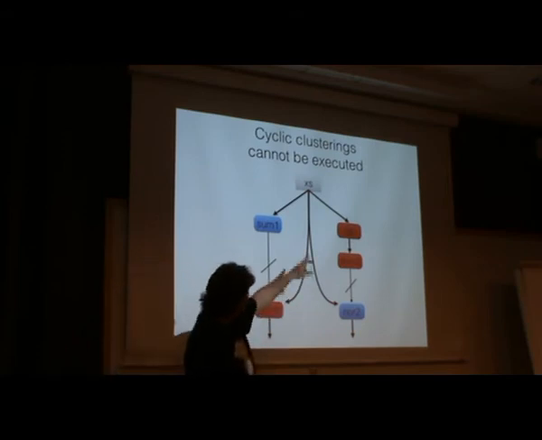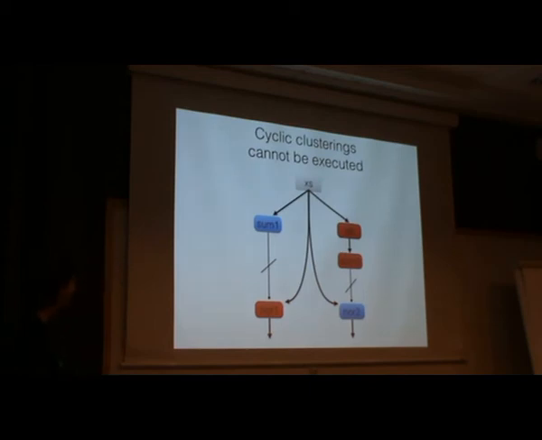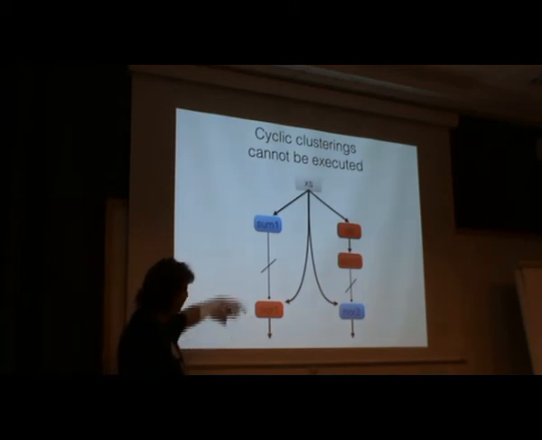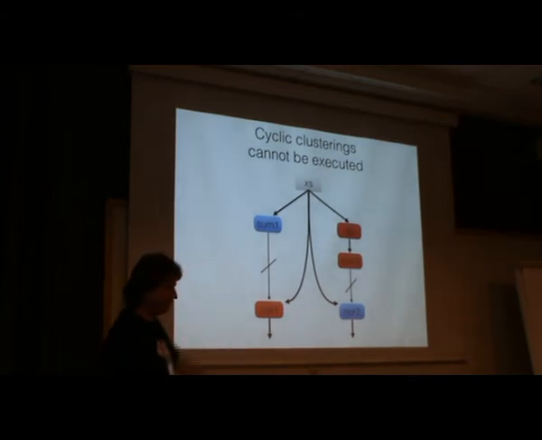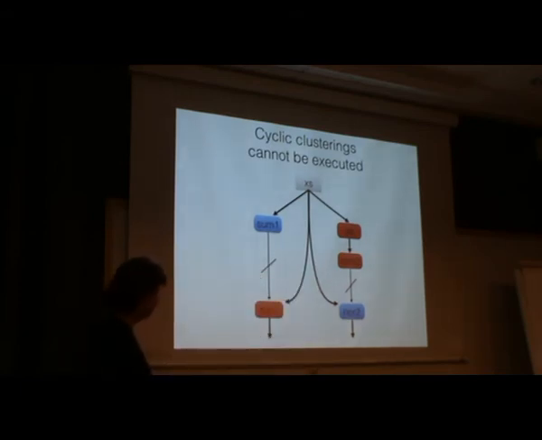With the red cluster, nor1, y's, and sum2, you could write a single loop to do that as well. But the red cluster relies on the blue cluster. So you can't perform the red cluster first. Similarly, the blue cluster relies on the red cluster. So you can't perform the blue cluster first either. So we can't actually execute either of these.